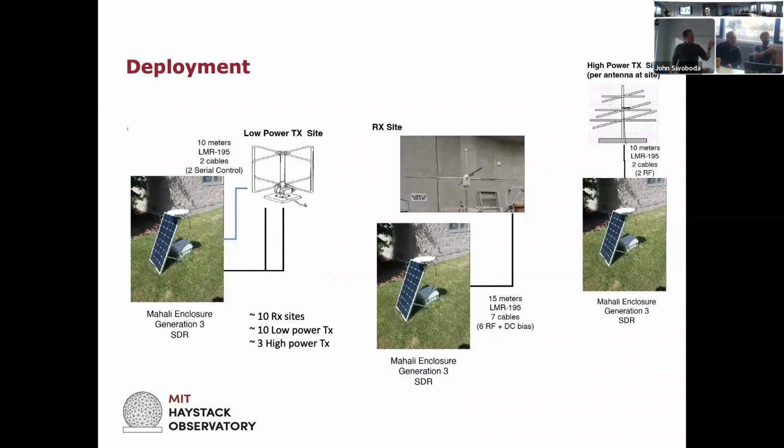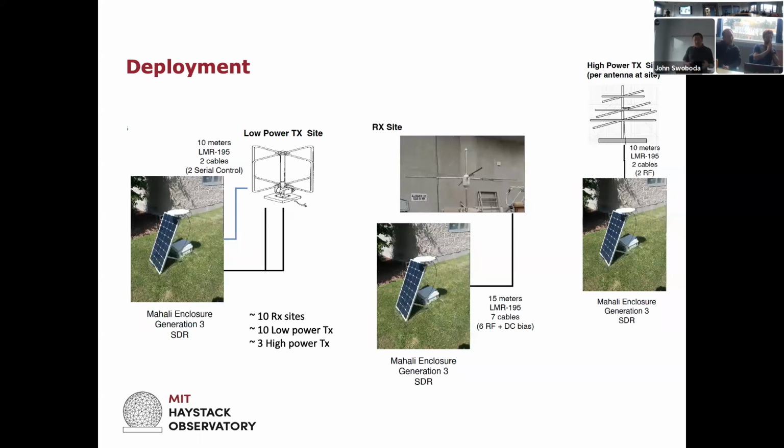And so for the RX, we're going to have cross loop antennas, and then various cross dipole antennas for that one. And then for the RX site, the vector sensor antennas. We're going to be putting them in what we call Mahali enclosures.